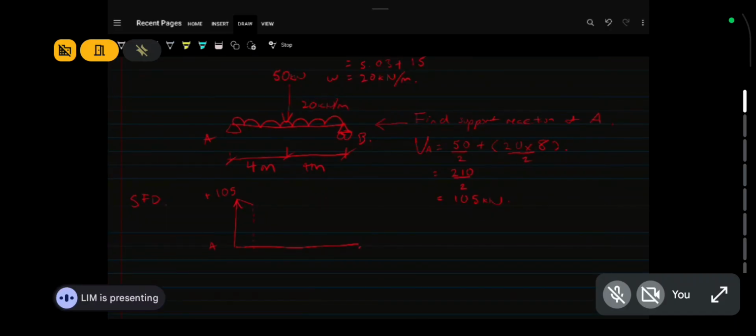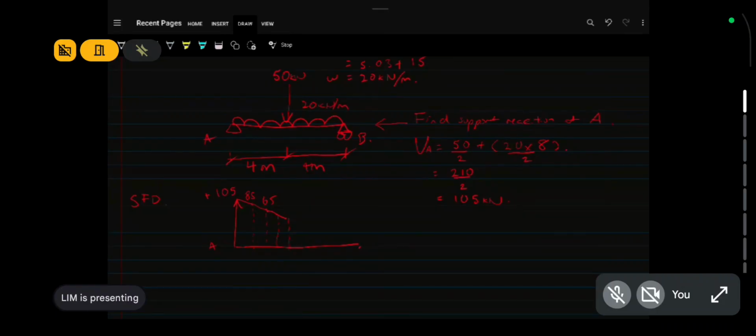So 105 minus 20, how much? 85. You go another meter, you lose another 20. 65. So you keep going to the center.